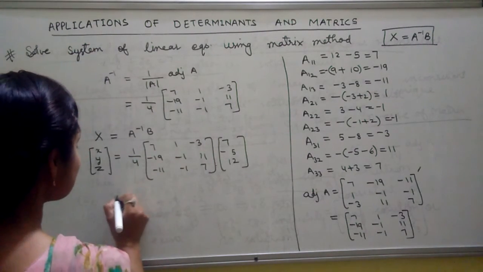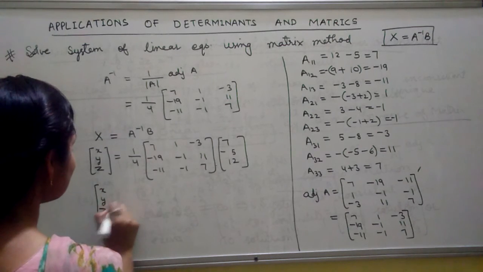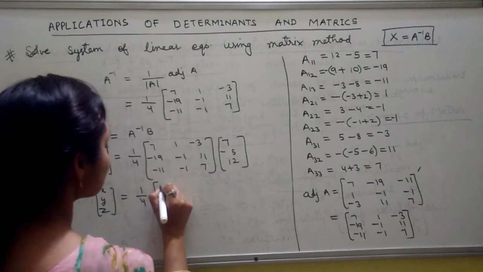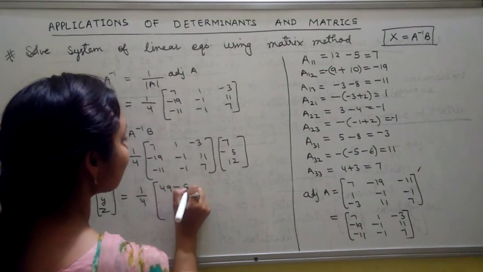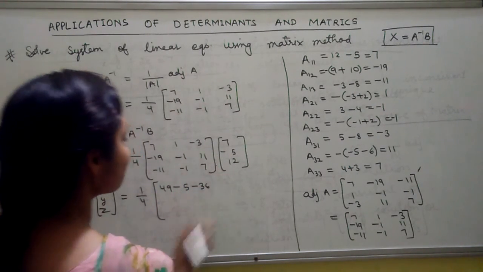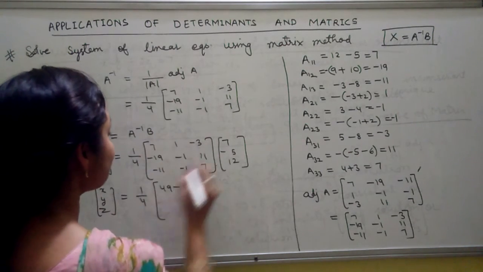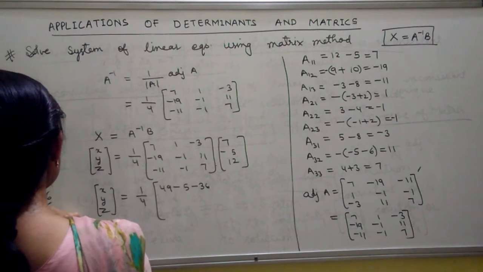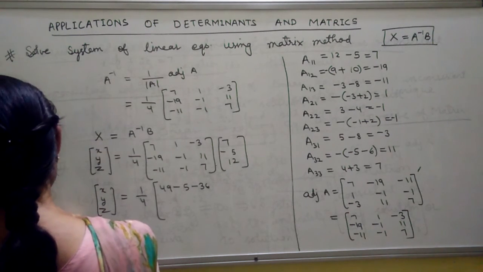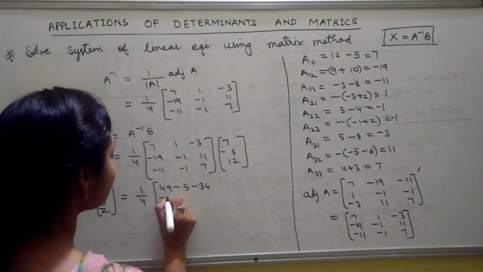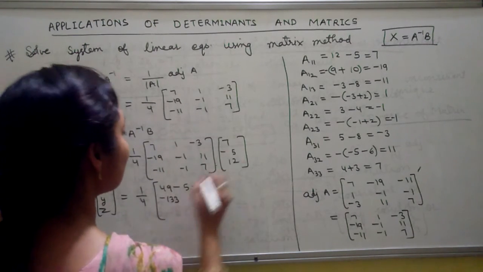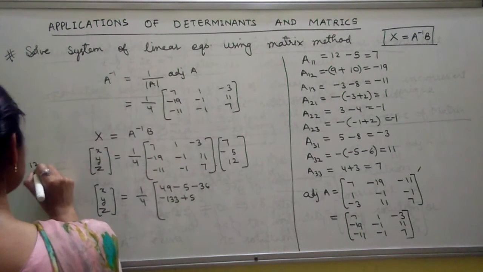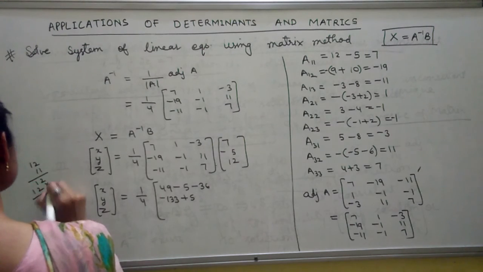After multiplying this with x, y, z, we have 1 by 4. 7 sevens are 49, minus 5, minus 36. Okay. Now next, minus 19 sevens are negative 133, plus 5 elevens, and 12 twelves are 132.